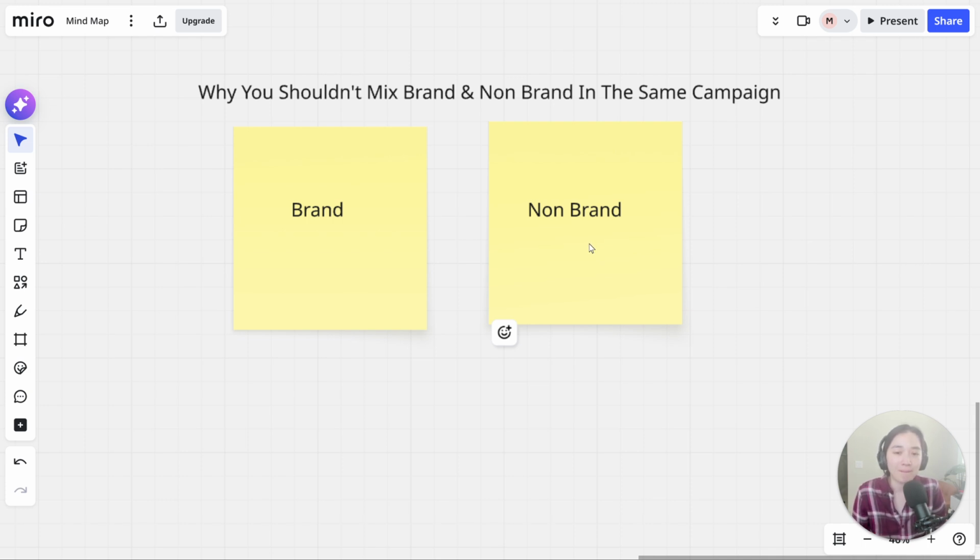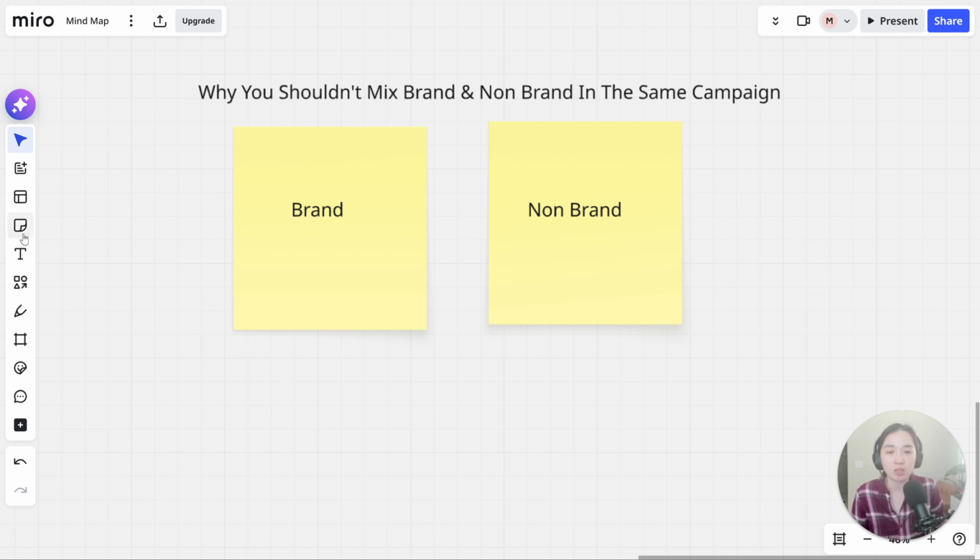You may not necessarily be bidding on branded terms, but because you are using phrase or broad match, your brand could somehow slip in within here. I've seen this many times if there are no proper guardrails. So definitely ensure that you have proper guardrails in order to separate brand from non-brand.